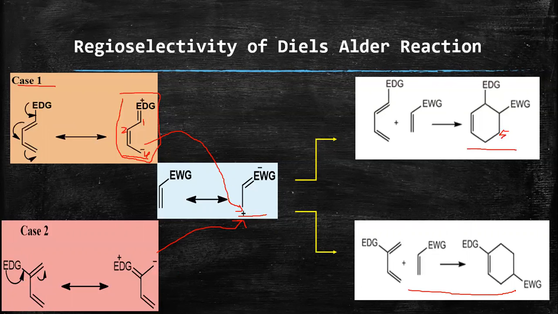This is the ortho-para rule, in which Diels-Alder reaction gives ortho product and para product according to the position of the electron donating group on the diene.